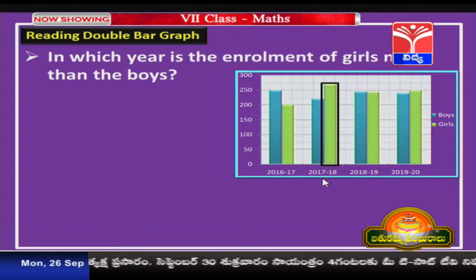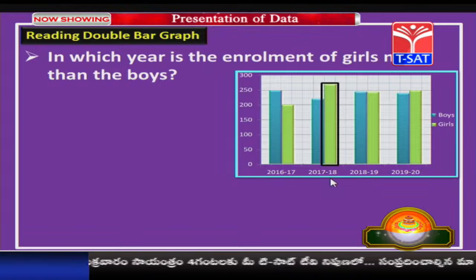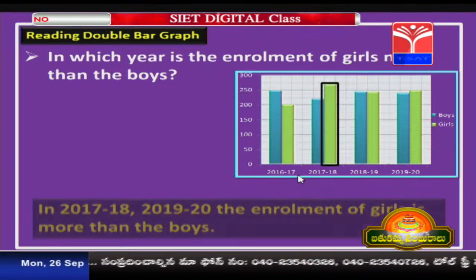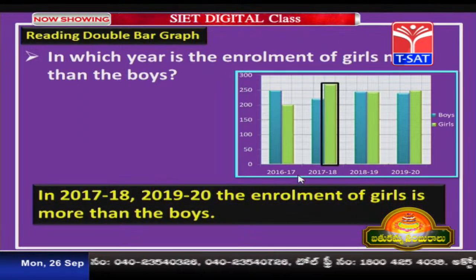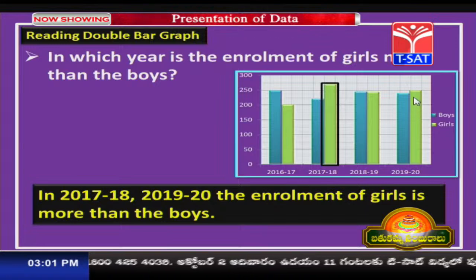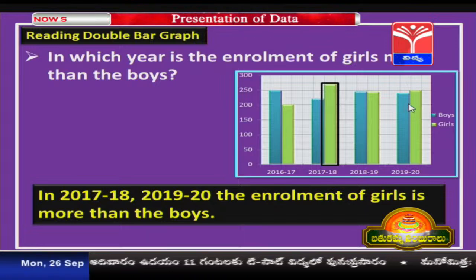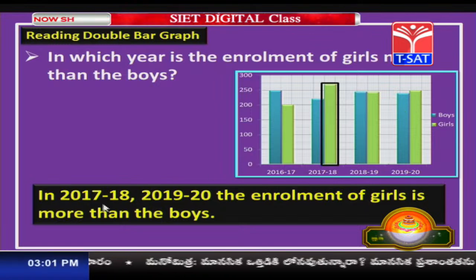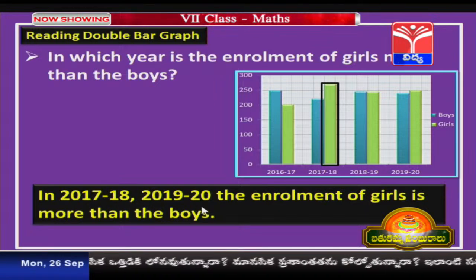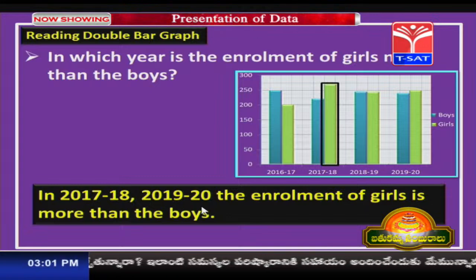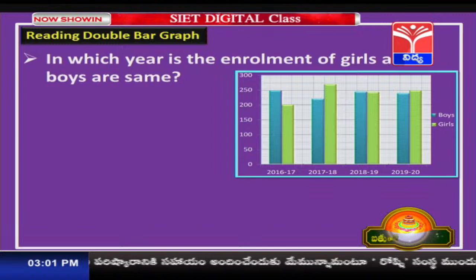This year, that is 2017 and 2018, in this academic year the enrollment of girls is more than boys. Not only that, if you notice 2019-2020, here also the green is more than the blue, that means enrollment of girls is more than boys. So, that is 2017-18, 2019-20, in both these academic years the enrollment of girls is more than boys. Let us answer the next question.